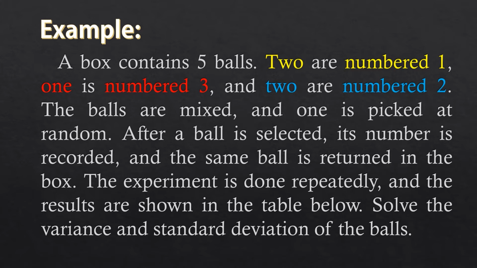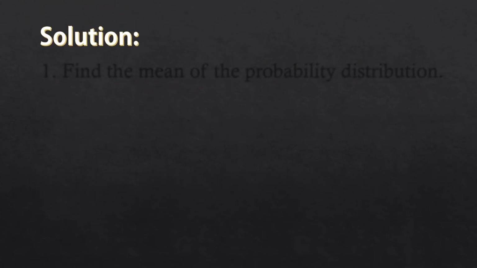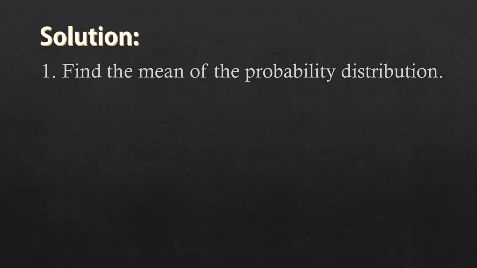So the discrete random variable we have here is the number on the balls. Now let's apply the steps we have in solving the variance and standard deviation. For the first step in our solution, we need to find the mean of the probability distribution.